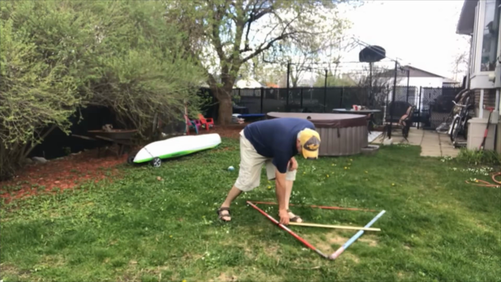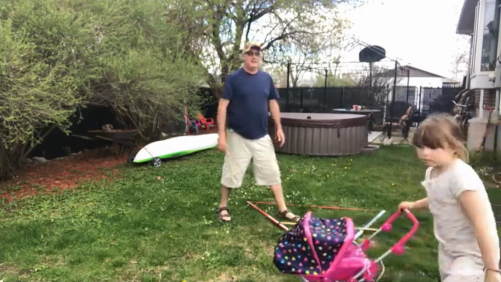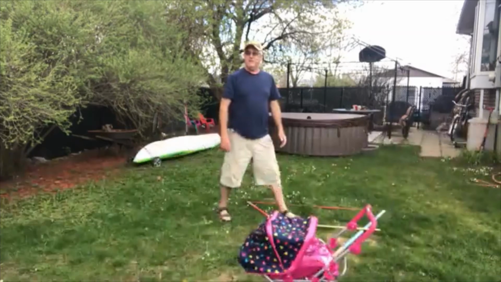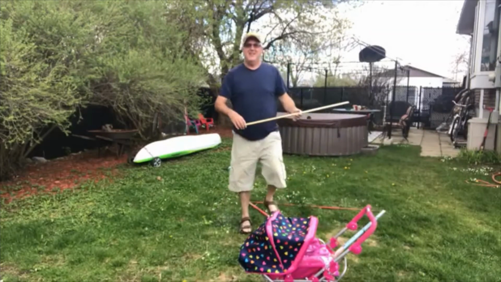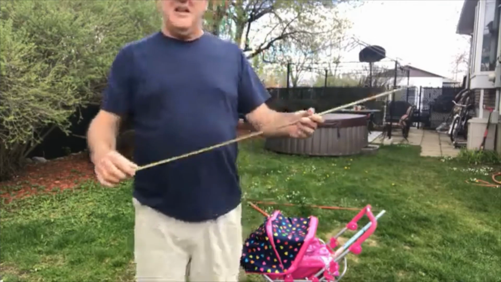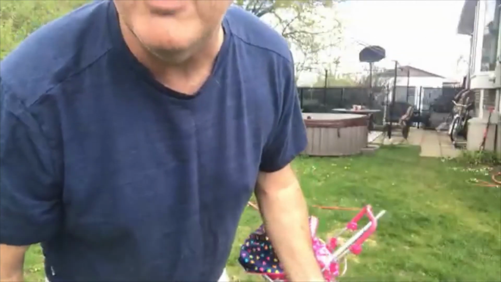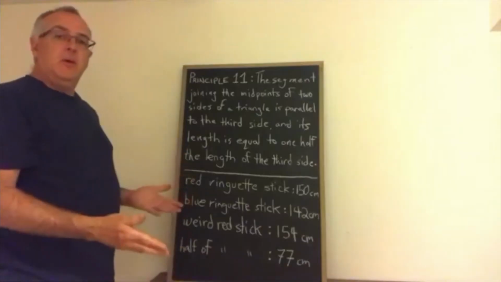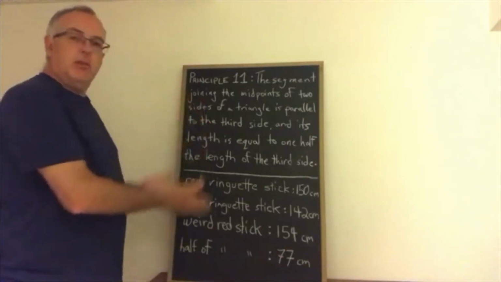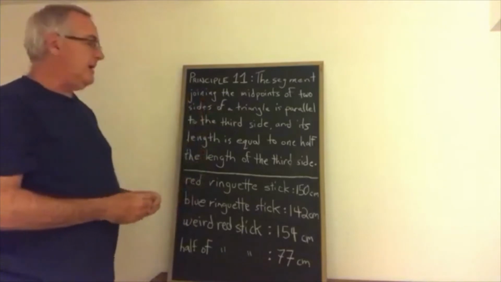Stay over here though, love. Okay. Oh, a bit of traffic here. Okay, that's all right. Okay, so I'm measuring, and it's 77 centimeters. So we can see that Principle 11 applied in the triangle that we tested out.